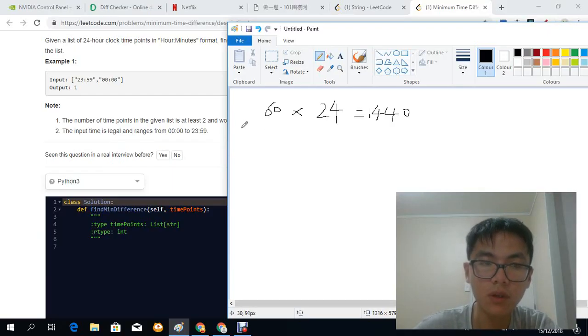So first, we are given a list, right? So we will need to convert all the time into minutes, and put it into our new list. Then we sort them.